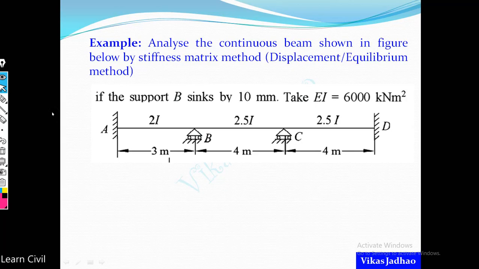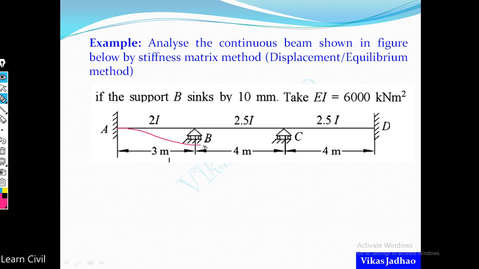The problem statement is: analyze the continuous beam shown in figure below by stiffness matrix method or displacement method or equilibrium method. If the support B sinks by 10 mm, take EI equal to 6000 kilonewton meter square. So for this particular problem, a continuous beam ABCD is given and support B is sinking by 10 mm.